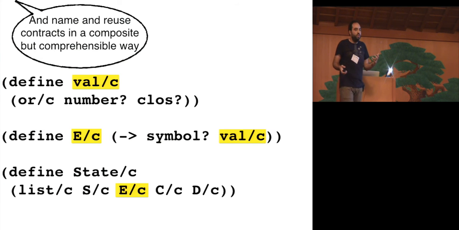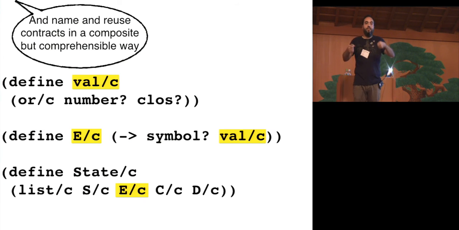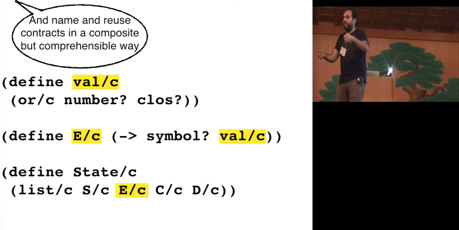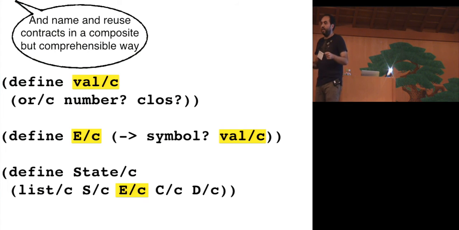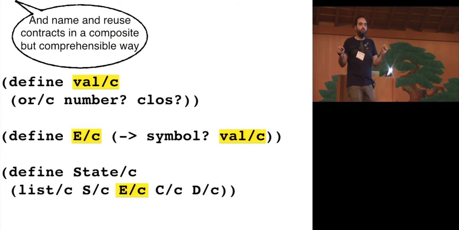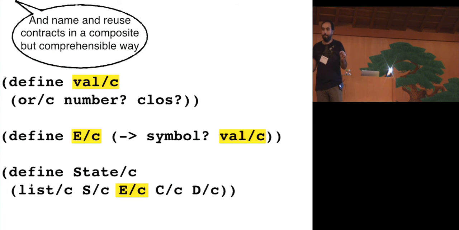And also, since contracts, again, are normal values in our language, we can name them. And by naming the contracts, we can use them in even more complicated contracts. And this way, we can give very concise and comprehensible descriptions of complex properties of values and programs.